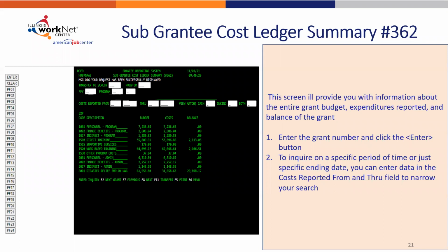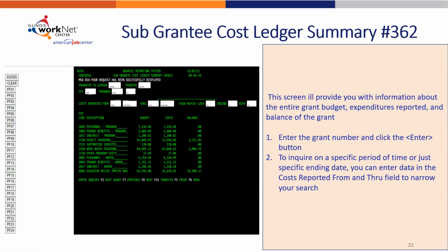All right, so next we have the sub-grantee cost ledger, or the 362 screen. This screen will provide you information about the entire grant budget, any expenditures reported, and the balance of the grant. Right here you can see a breakdown of the entire grant. In this scenario, it seems like a lot of the costs are reported, but say you're running it for next month.